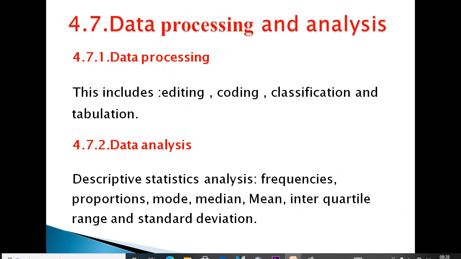Then in data analysis, the researcher can use descriptive statistical analysis like frequencies, proportions, mode, median, mean, interquartile range, and the standard deviation to analyze the presented data.